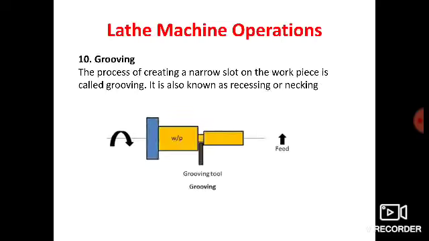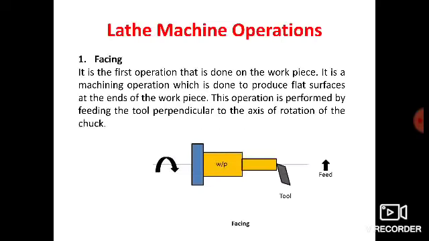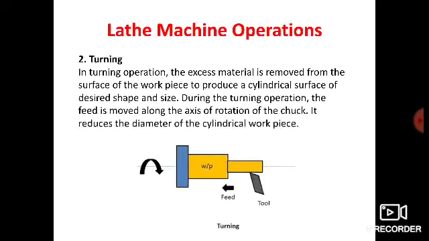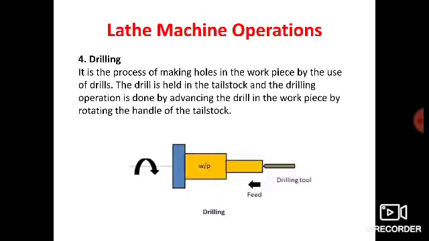So these are the various operations that we can perform over a lathe machine. So let's summarize it. So the very first operation, that is facing, and it is basically used to produce a flat surface over the end. Then the turning, to remove the material over the surface of the workpiece to reduce its diameter. Next, boring, it is a method of enlarging the diameter of previously drilled hole.